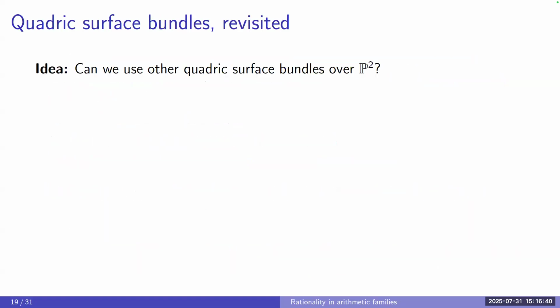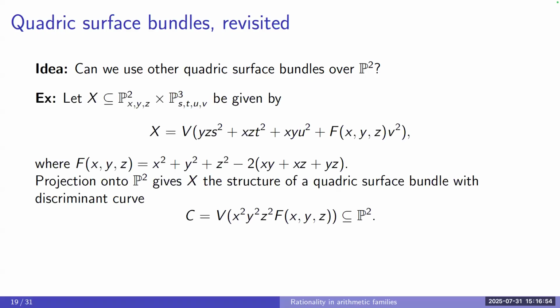Okay, and so the rationality mod p construction really is using this quadric surface bundle structure. So the first idea would be to try to use some other quadric surface bundle. Let me consider the following example. I can take this specific (2,2) divisor in P2 cross P3, where F is this specific polynomial.